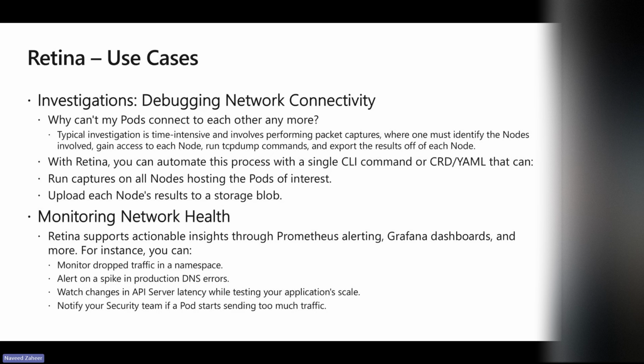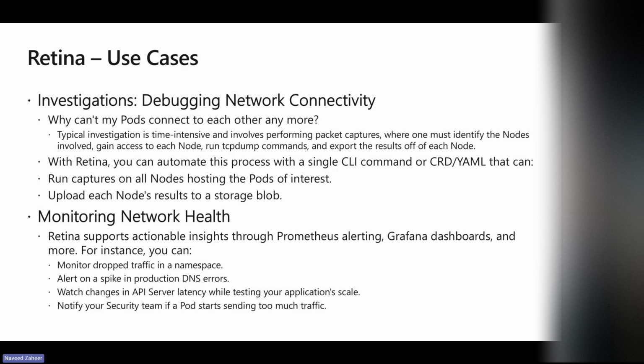Second, when we are talking about monitoring, it gathers a lot of information like dropped traffic, a spike in DNS errors, things like that. All of that information is gathered and made available to whatever tool you like, for example, Prometheus, and then you can have it displayed through Grafana, or store it in Azure Monitor and display it through Log Analytics, whatever tool you like.